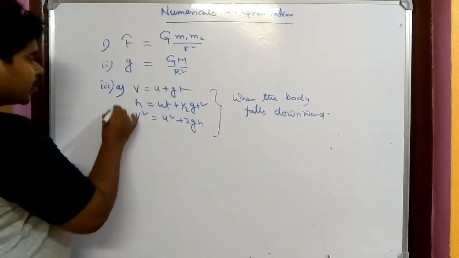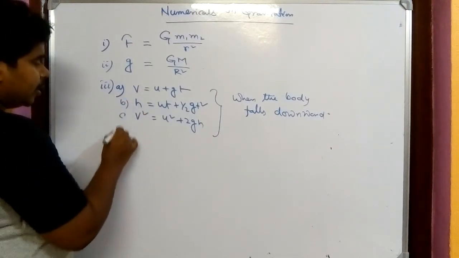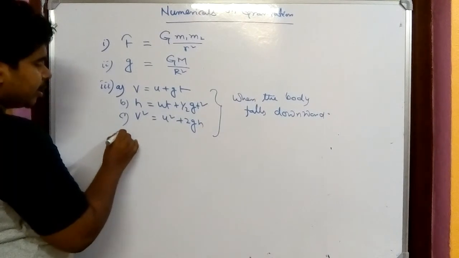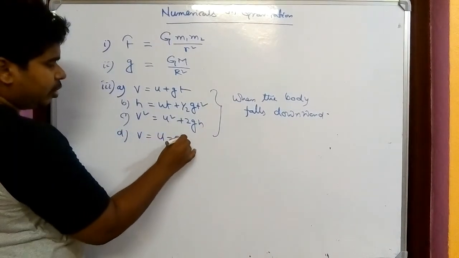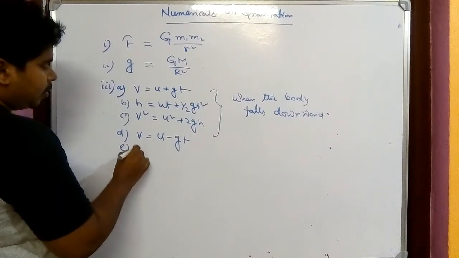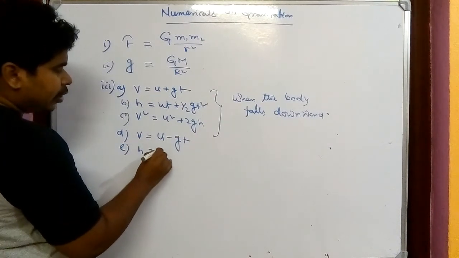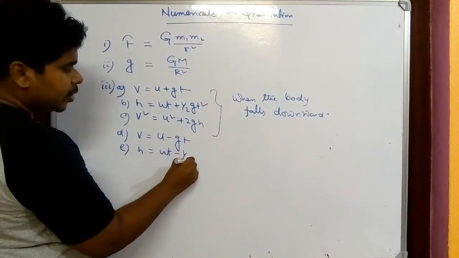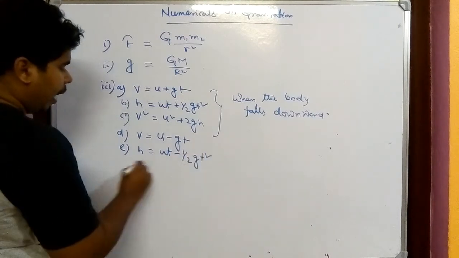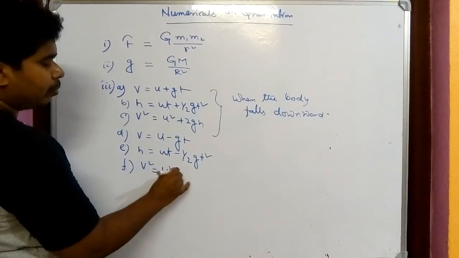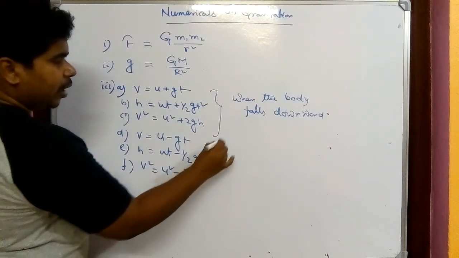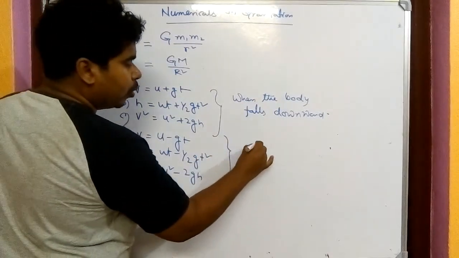If it moves upward, then another set of equations is used: v equals u minus gt, h equals ut minus half gt square, and v square equals u square minus 2gh, and that is for upward motion.